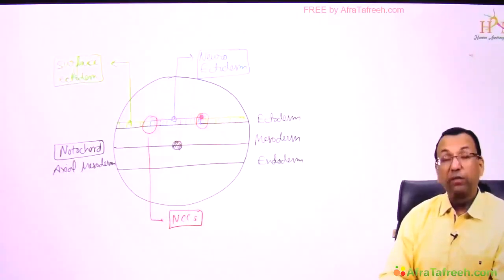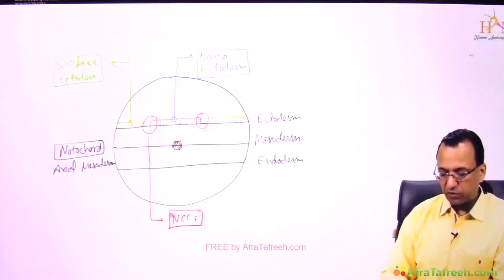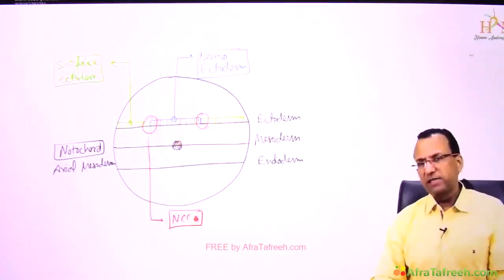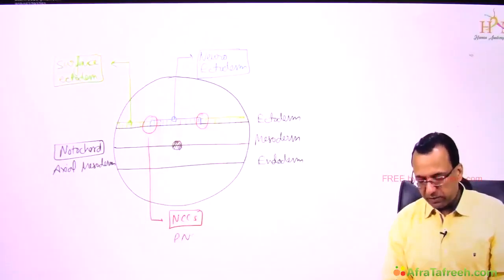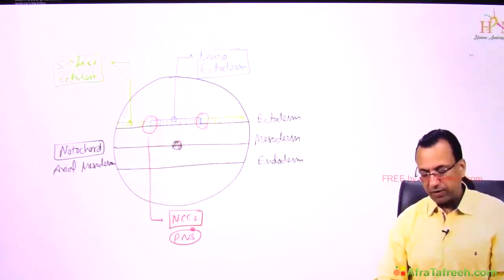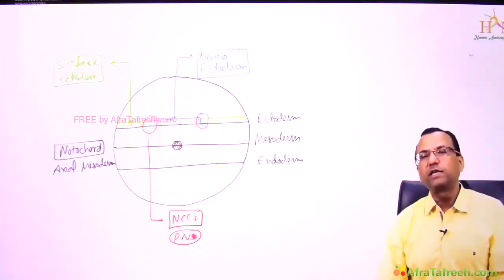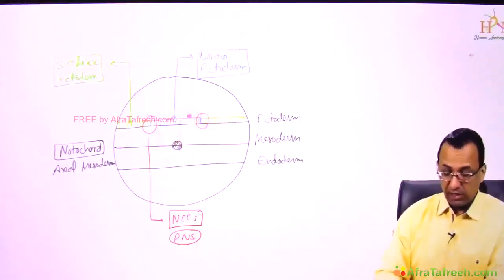Then they would have come from the epiblast. So it is epiblast which is forming the fourth germ layer, which is the neural crest cell. The neural crest cells are actually supposed to contribute to the peripheral nervous system. Now, if the neural crest cells are contributing to the peripheral nervous system, then who is contributing to the central nervous system? That is the neural ectoderm here.